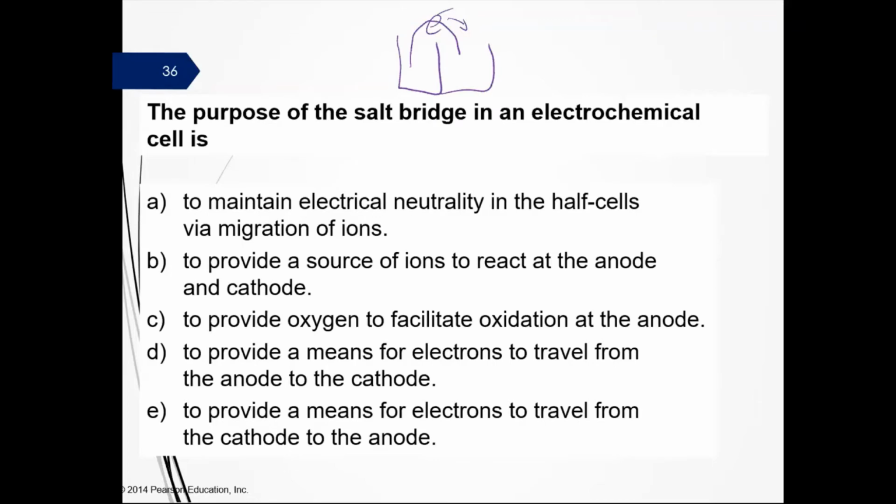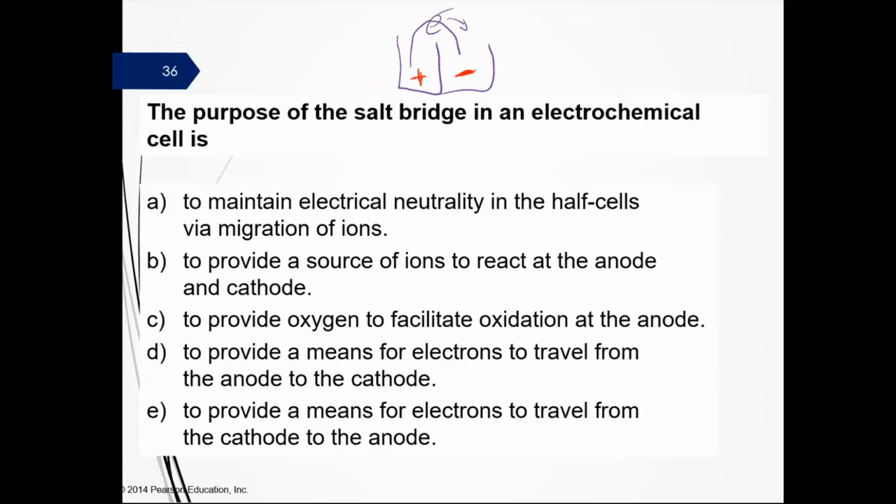So that means charge is slowly building up on one side, negative for where the electrons are going, positive for the anode side. And so eventually that process is going to work against itself. It's hard for us to put negative things where there's negative charge. And so we're going to get this separation of charge. So we use this salt bridge to add in ions to help balance that out.